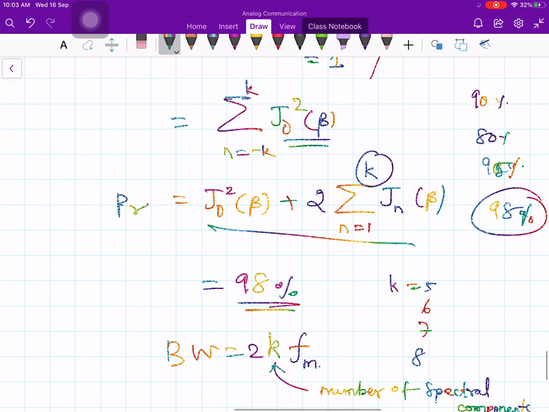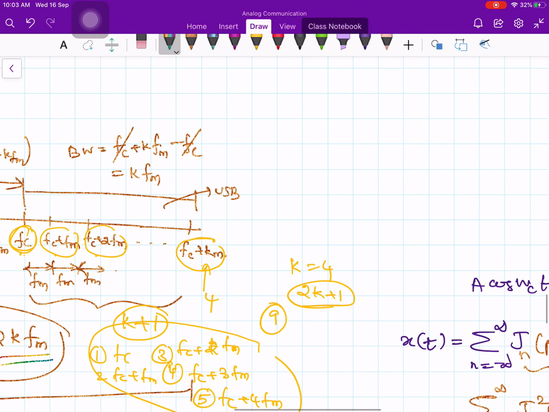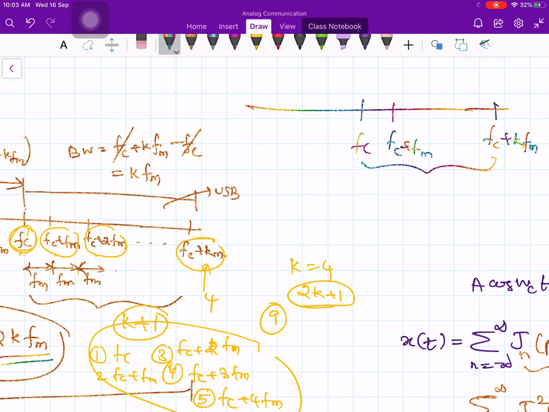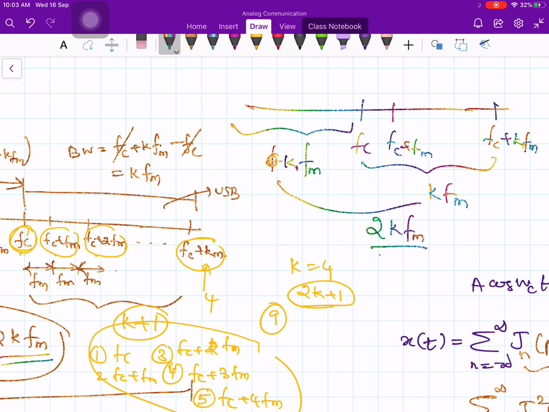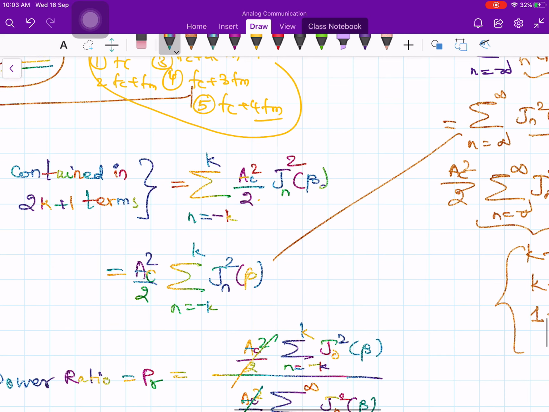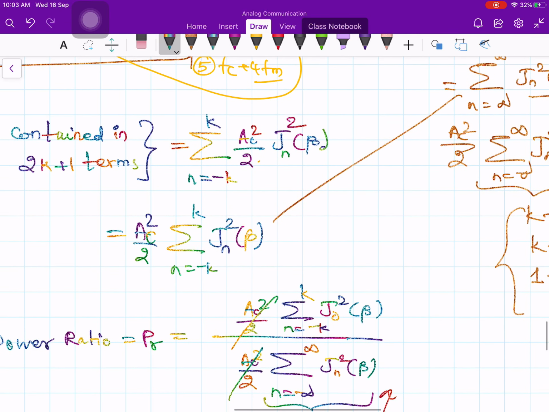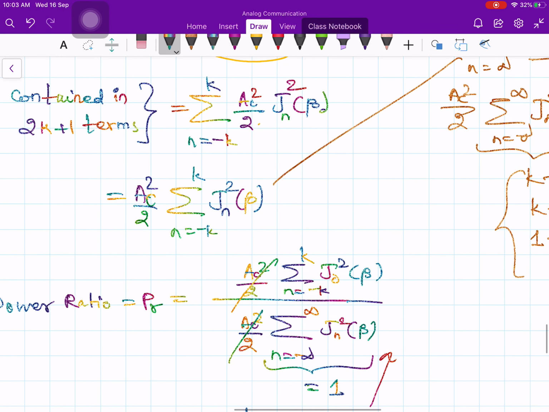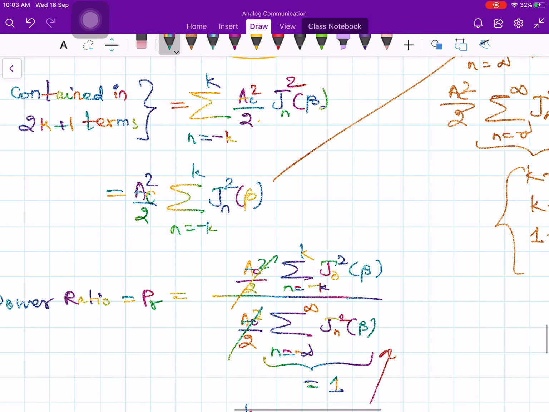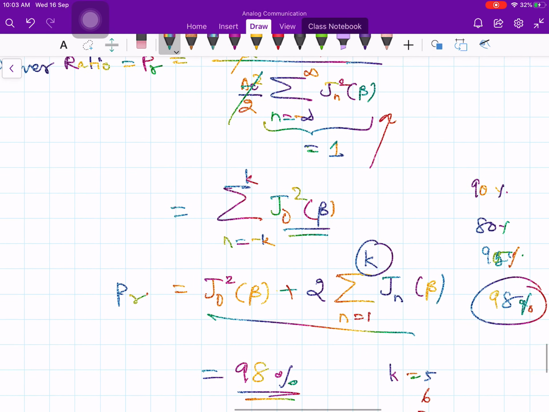This is fc plus fm, and it keeps going up to fc plus k fm. This bandwidth is k times fm. In the lower side band also we have k times fm. So the total bandwidth is k fm plus k fm, that is 2k fm. Whatever the value of k, it would give you that value of PR. So this implies that the bandwidth is 2k fm.